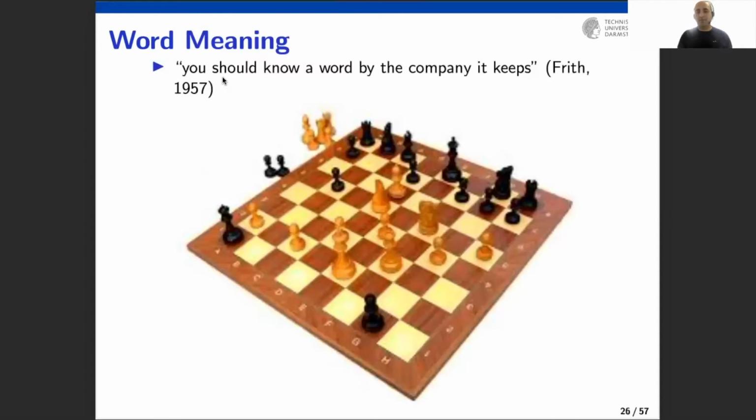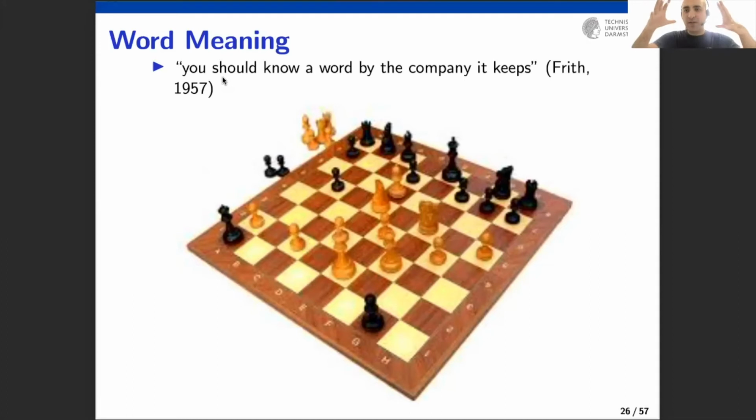Okay, in order to go in this direction, we need to have a clear understanding of word meaning. Firth says that you should know a word by the company it keeps. I want to illustrate this phrase with a chessboard in which each piece doesn't have a meaning unless you interpret it in the context of other pieces.